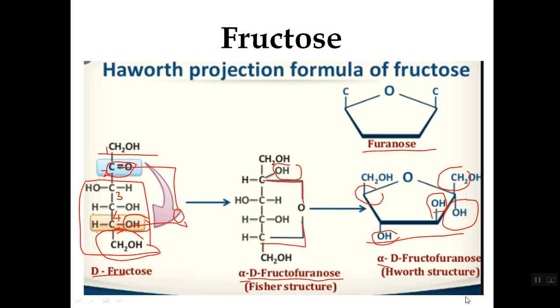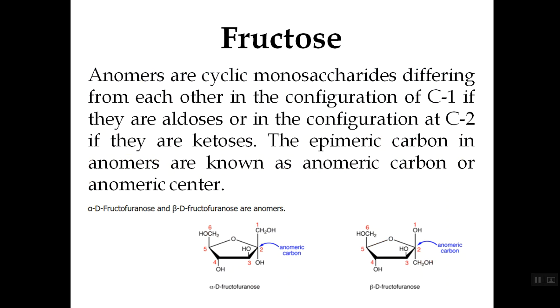Then, anomers are the cyclic monosaccharides differing from each other in the configuration of C1 if the monosaccharide is an aldose, or in the configuration of C2 if they are ketoses, because we are considering the configuration at the carbonyl carbon atom.